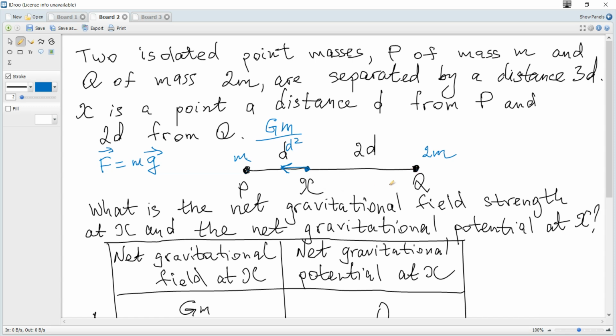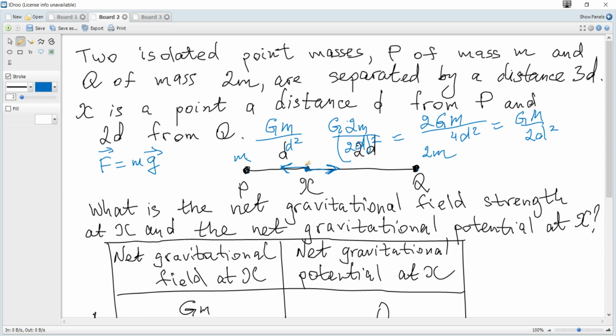And the field produced by Q at X is also directed to Q and will have magnitude what? G times 2m divided by 2d squared, and it becomes 2Gm over 4d squared, or Gm over 2d squared.